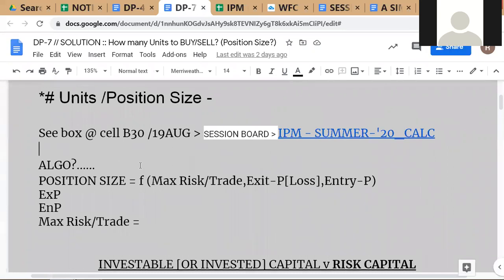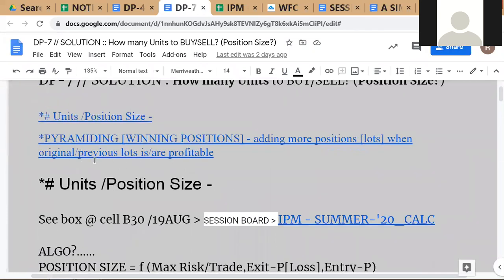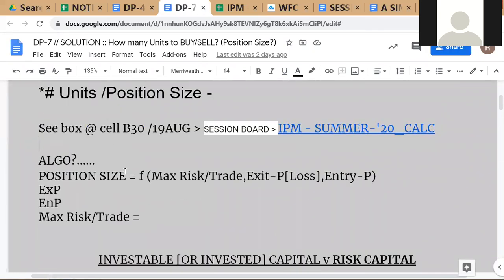So what is the number of units? How do you decide the number of units? Let's look at this. What is the algorithm? Let's say algorithm is called algo. What is the algorithm?